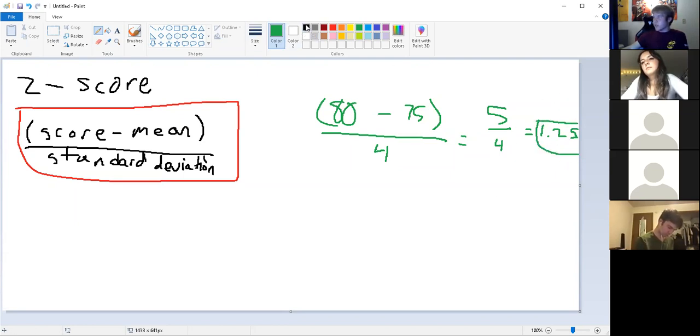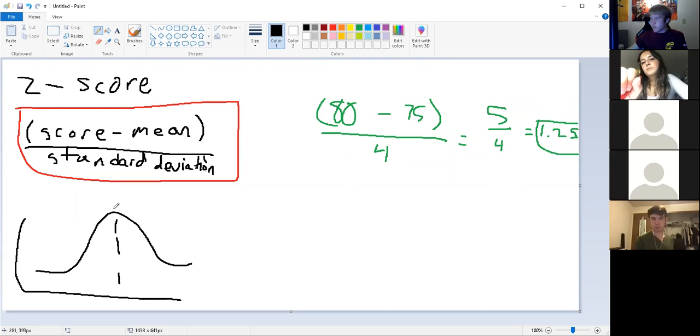What a z-score means is, if we bring up this normal distribution again, mean 0, standard deviation 1, then what the 1.25 means is right here. That's 1.25.